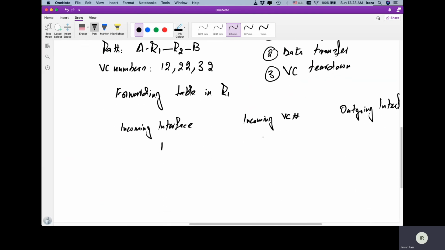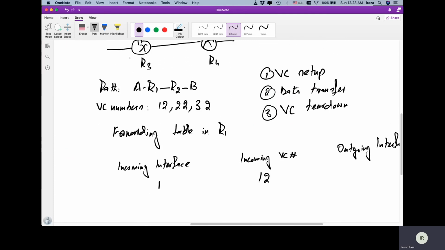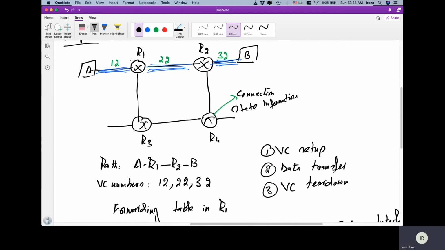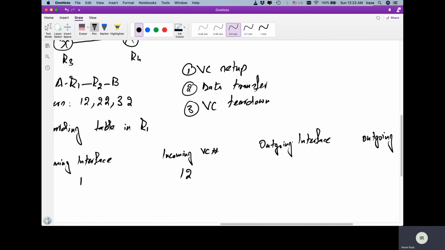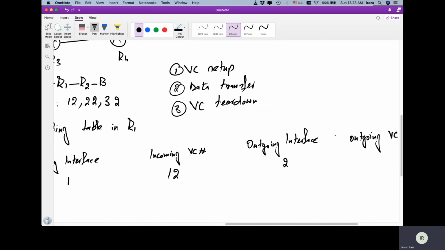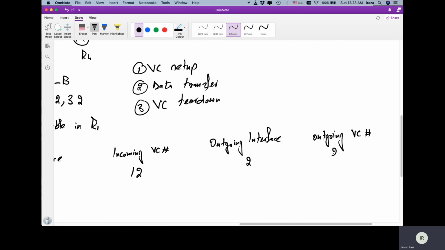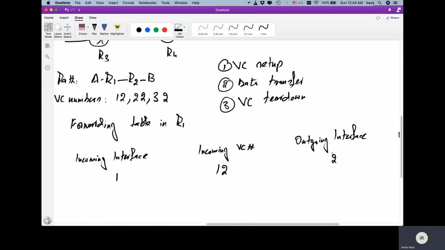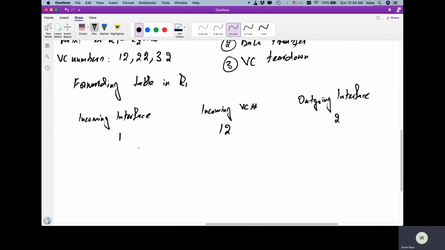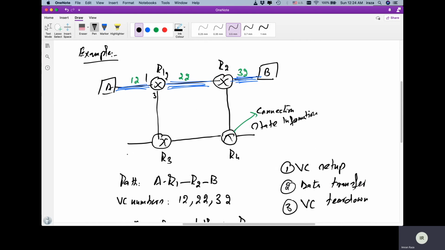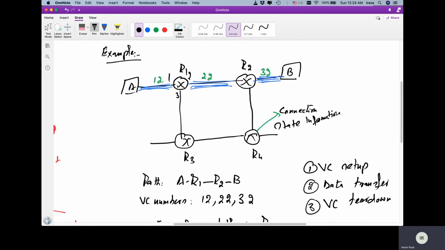For example, in this case, the interface is 1, and what is the incoming virtual circuit number? Yes, you're right, 1, 2. And what was the outgoing interface? Let me label these for your understanding. So this is interface 1, this is interface 2, and this is interface 3, right? So the outgoing interface is 2, and the outgoing virtual circuit number is 22, right? So in this way, we have many different entries against each interface to forward packets based on virtual circuit numbers.